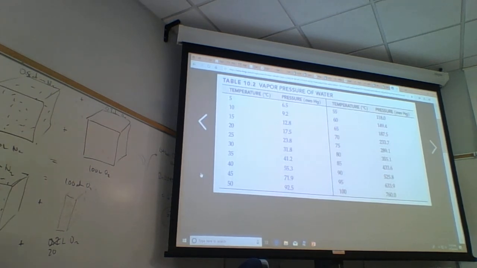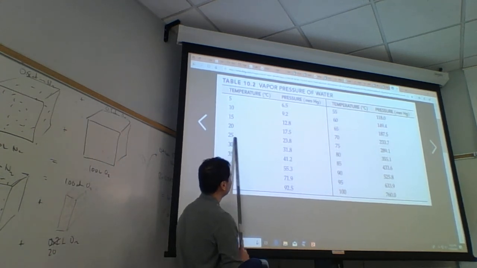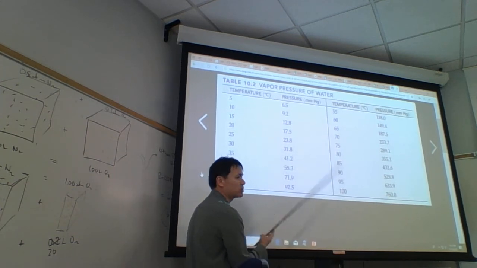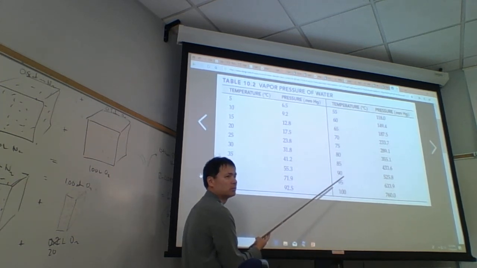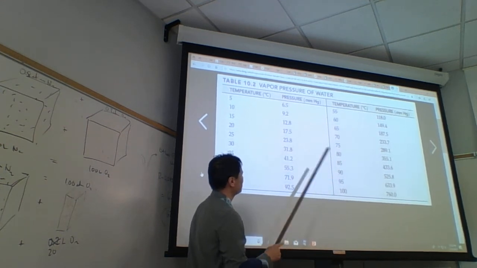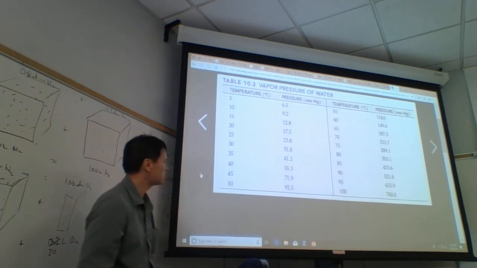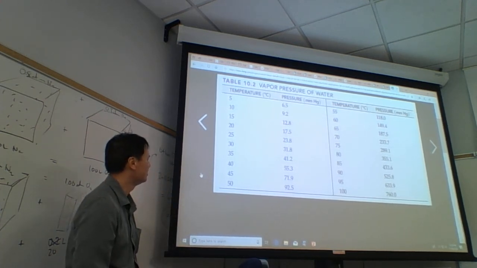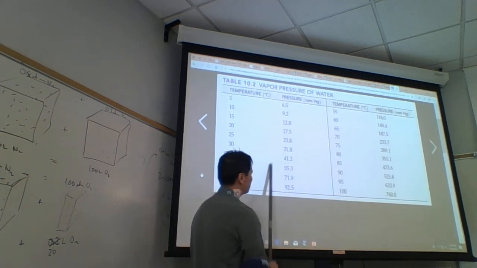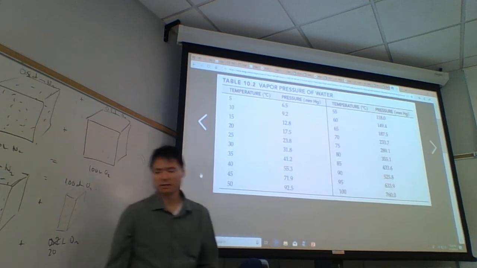And so at 25 degrees Celsius, we're going to generate 23.8 millimeters of mercury pressure just from water collisions. So if the size is bigger, it still generates the same pressure, so we've got to evaporate more molecules. If the size is smaller, the pressure stays the same. It just depends on the temperature. And so we can get the pressure of the water based on the vapor pressure data for water.